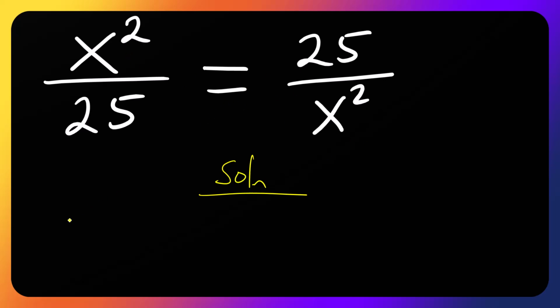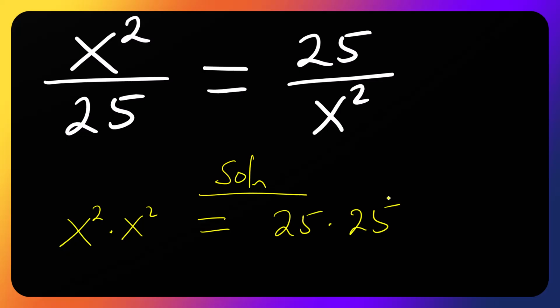So that will be x squared times x squared equals 25 times 25. So no more fractions. Now when you have a times a, it's simply a squared.